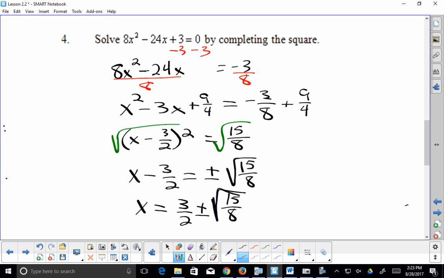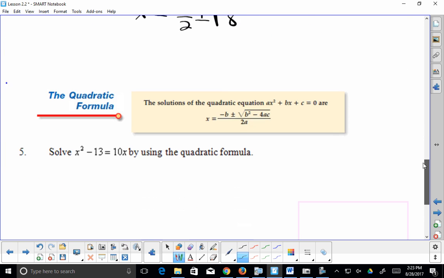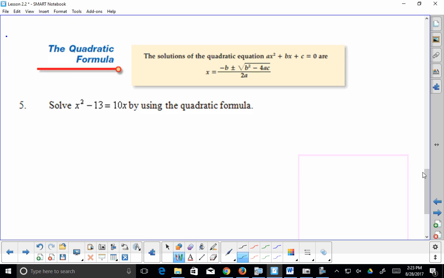Go ahead and leave it on the radical. Now, is that impossible to do? No, it's not impossible to do. It just takes a little bit of work. And we want to focus more on the math than we do on simplifying radicals in this class. All right? Okay.